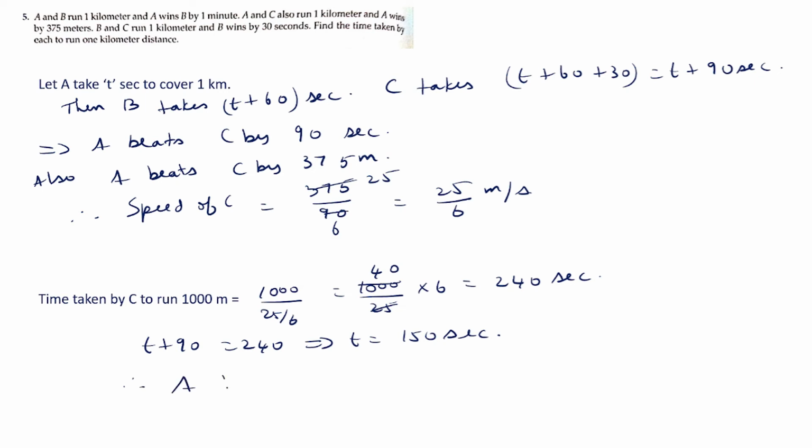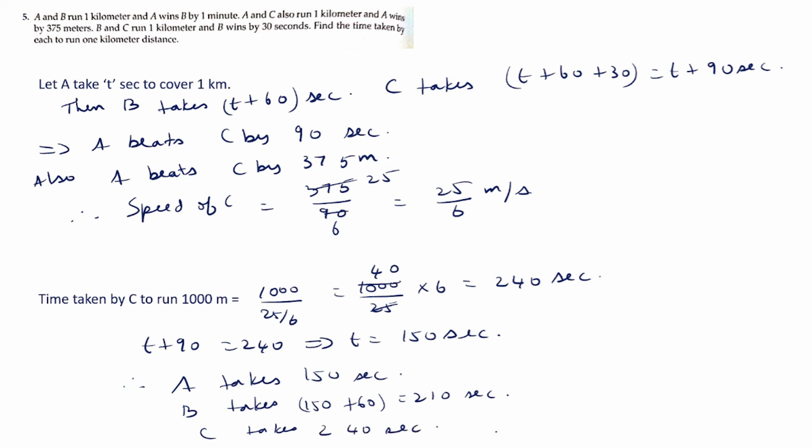Therefore, A takes 150 seconds, B takes t plus 60, 150 plus 60 equal to 210 seconds, and C takes 240 seconds. The time taken by C to run 1000 meter is 240 seconds. So these are the time required by each to cover a distance of 1000 meter.